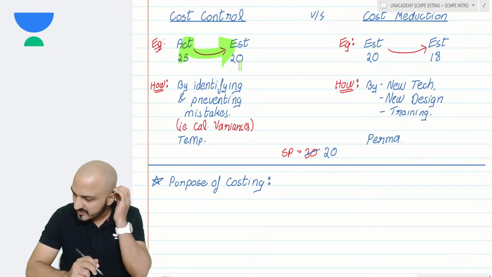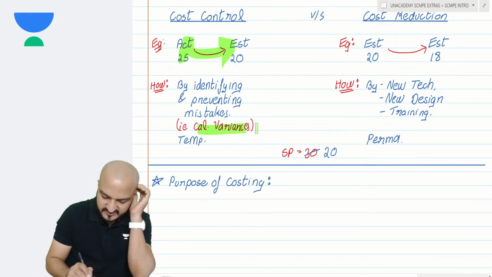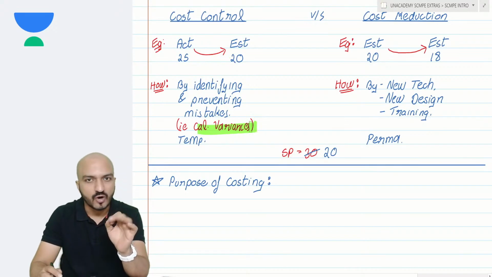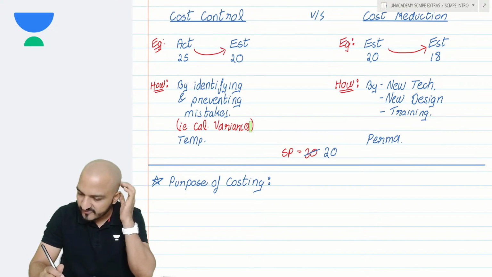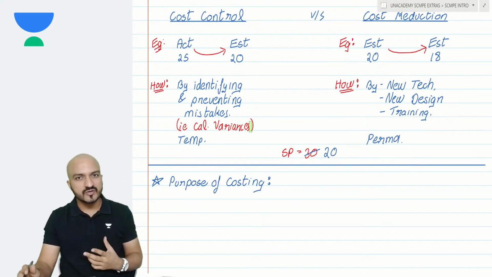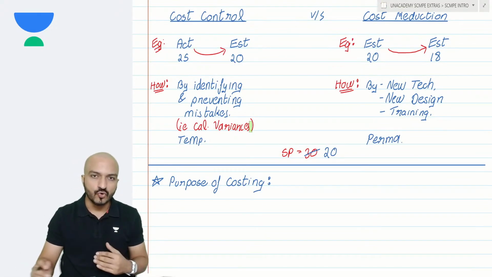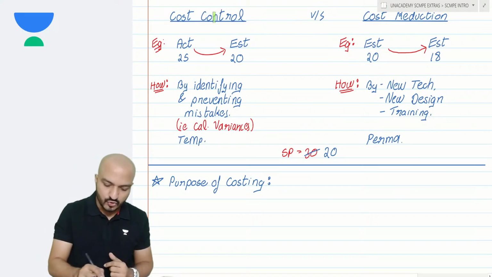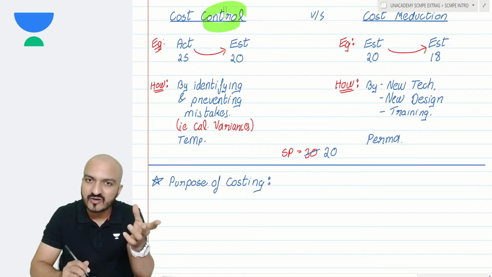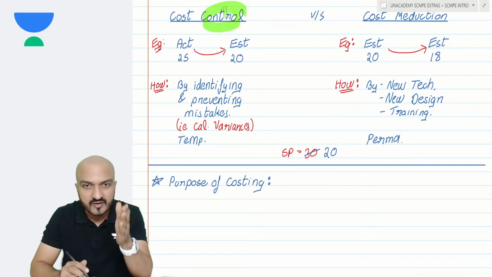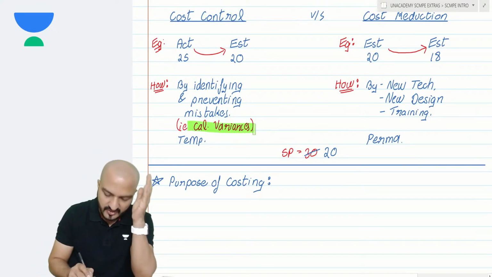Now, calculating variances is the job of a cost accountant, a job of a chartered accountant. So you might have a question that, sir, as a chartered accountant, what role do we have in doing cost control? Well, you have a major role in doing cost control because as a chartered accountant, you are the person who will calculate variances.